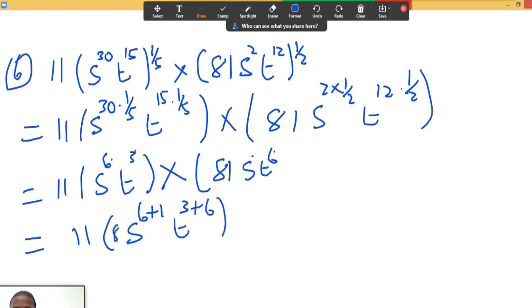We still have our 81 here, and this is nothing but equal to 11 times 81 s to the power 7 multiplied by, or we can just say t to the power 9. So this will be our solution. You can always on the calculator put 11 times 81.